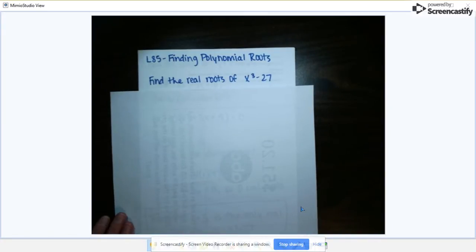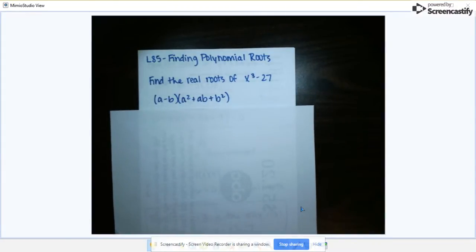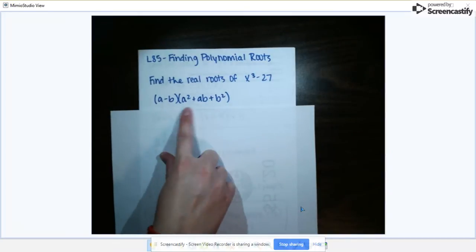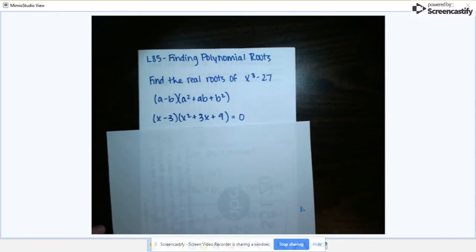So we're going to have x cubed minus 27. Well, this is a difference of 2 cubes, which we've factored before, so we're going to now solve that. First step is to factor. Remember this equation, that's what we're going to have to use. So that factors to be x minus 3 times x squared plus 3x plus 9. And here's where we're going to use our discriminant.